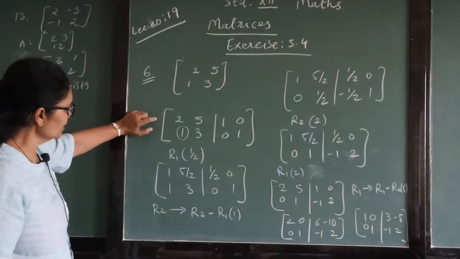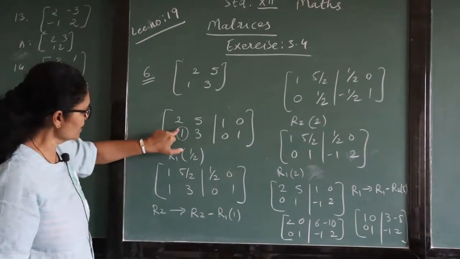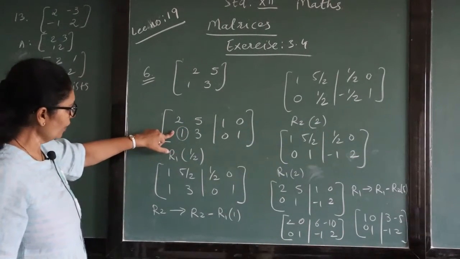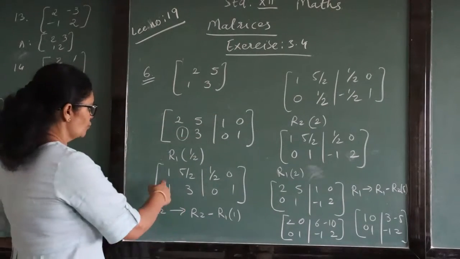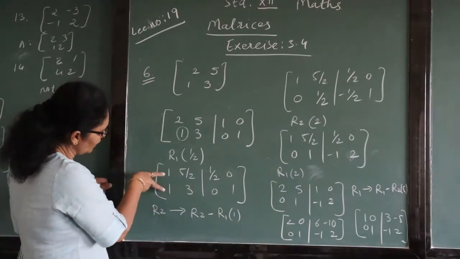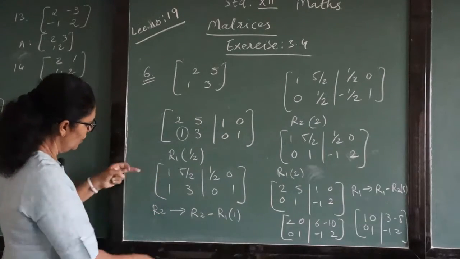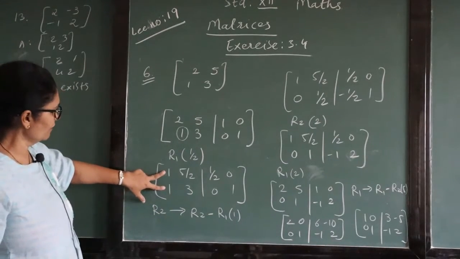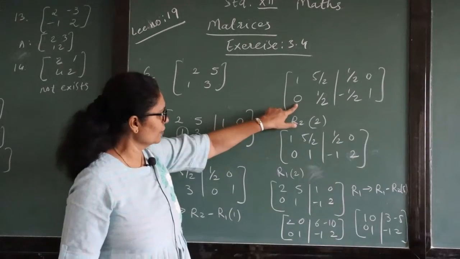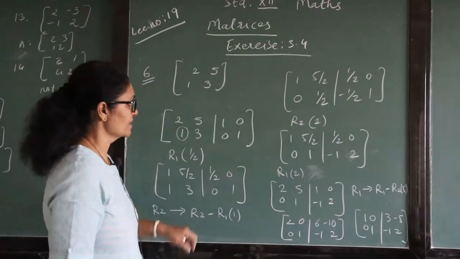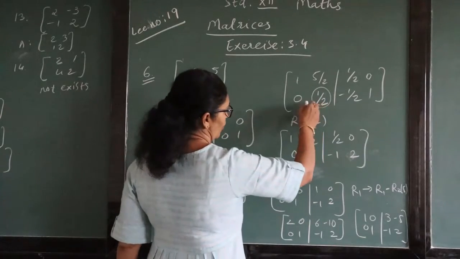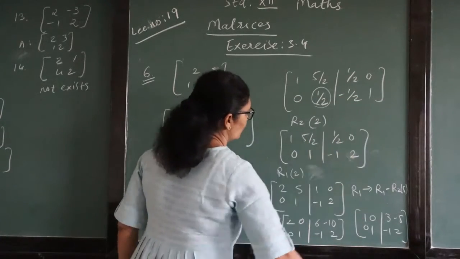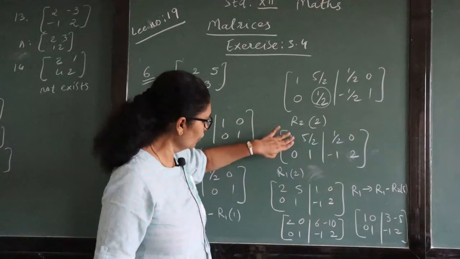Let's revise it once. First we want to reduce this 1 to a 0. So what have we done? We divided the first row by 2, so we get 1 here, and then we took the subtraction of these two rows, so we get 0 here and the remaining terms are these. We don't want half here, we want 1, so we multiplied the full row by 2. So we get 0 1, and here also we have 1.